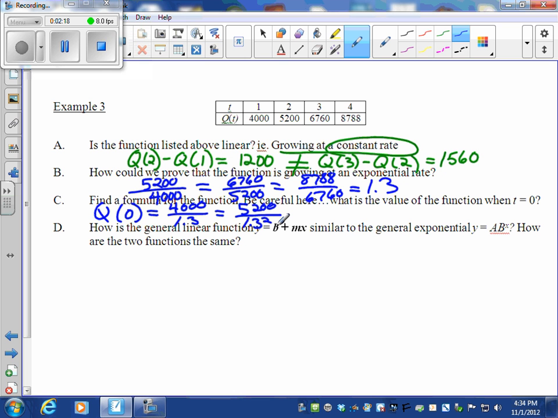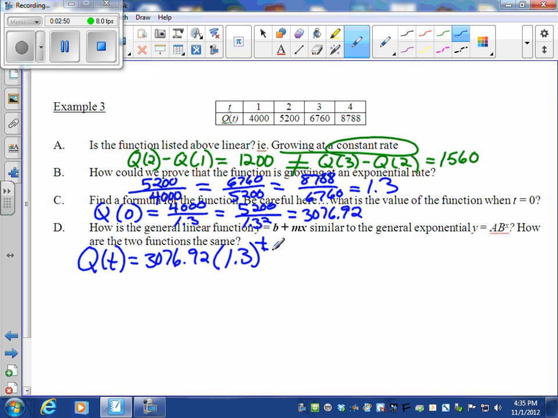Bottom line is, it should all get you around 3,076.92, which happens to be the value of the function at the initial amount. So, q of t should be 3,076.92 times 1.3 to the t. And if you want an exact value, just do 4,000 divided by 1.3.